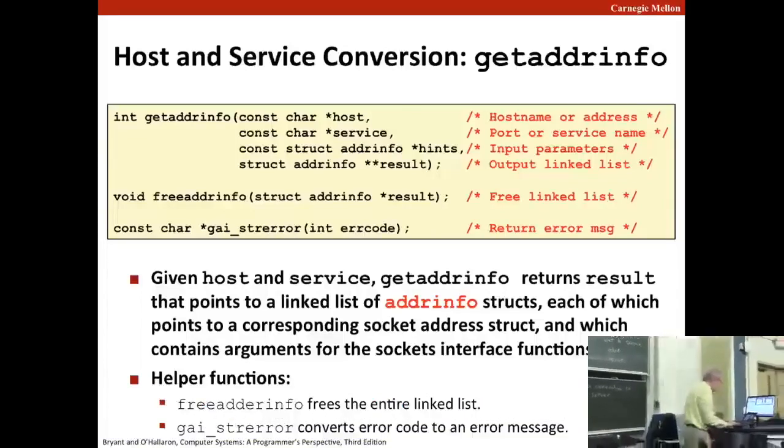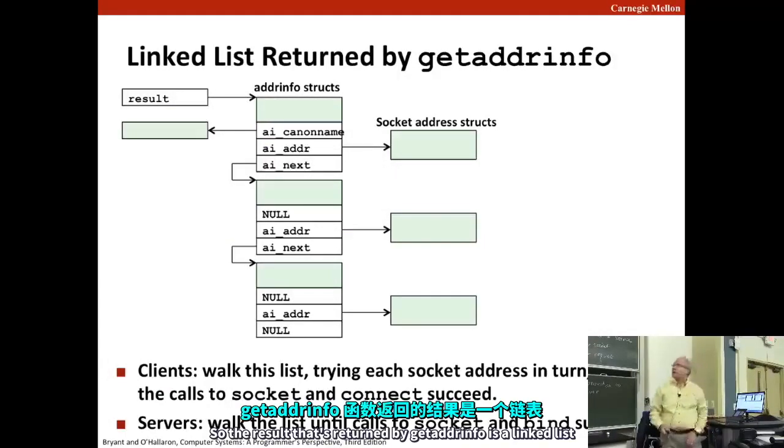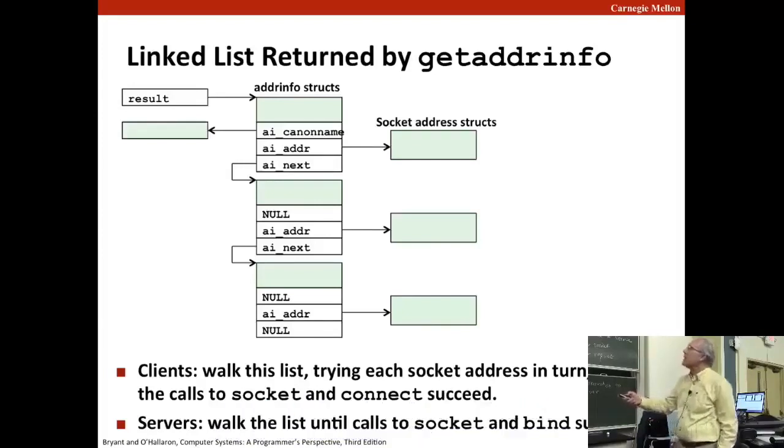So let's look a little at this. The result that's returned by getaddrinfo is a linked list that is null terminated, just like most linked lists are.